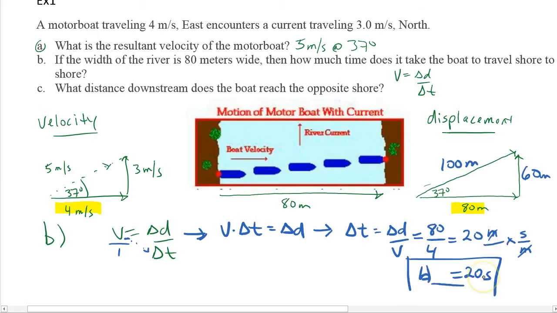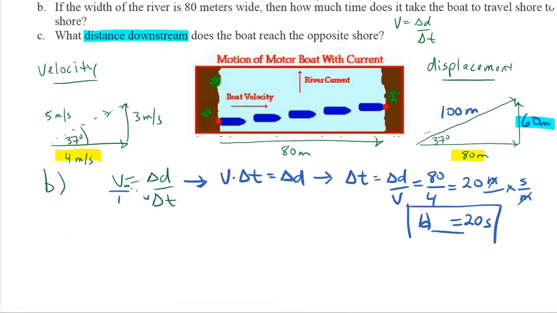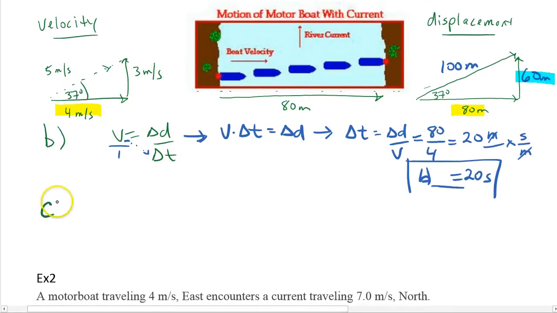Now looking at C, it says, what distance downstream? Now that is this 60. That is how far downstream it went, the 60. Now if you weren't comfortable just doing the similar triangles type of solution, you can use this version of the formula.